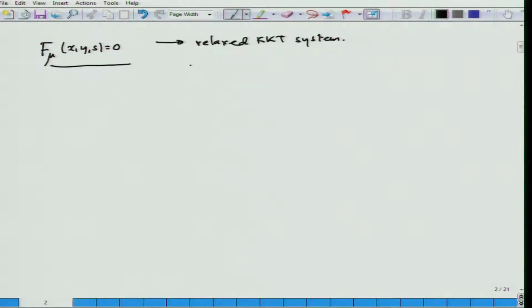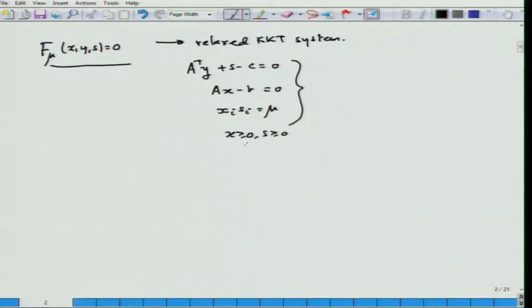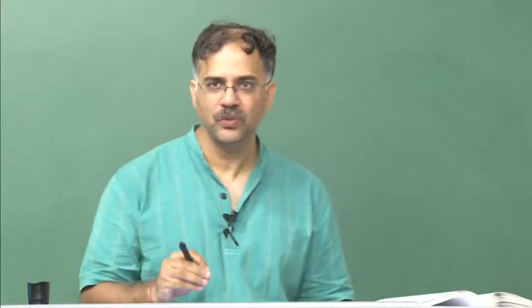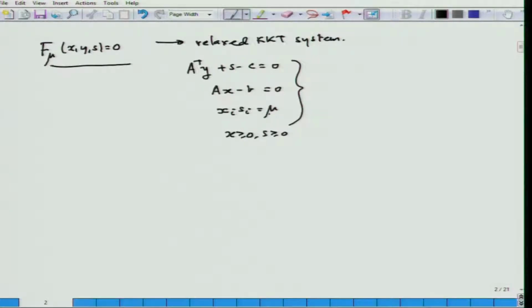If you have forgotten, let me write it down once again. So, this is the system that we are intending to solve. Of course, this automatically means that I will have this strictly bigger than 0. As I told you, it is very difficult to really satisfy this equation. So, you want to find some solution which will approximately satisfy this, meaning that xi si for every i need not be equal to mu, but some number very near mu, that would be enough for our purpose.